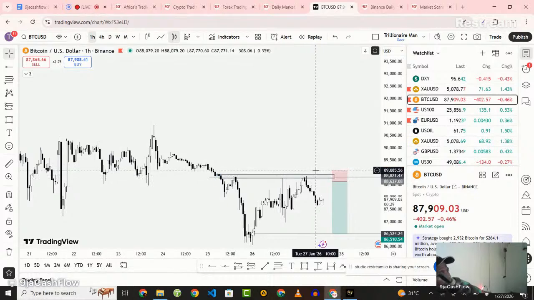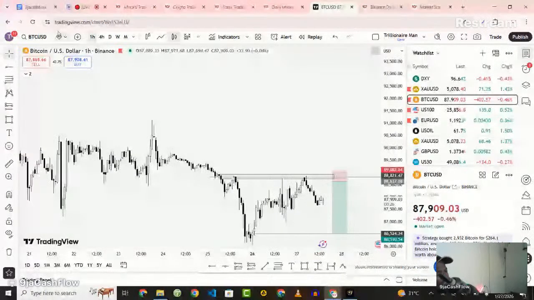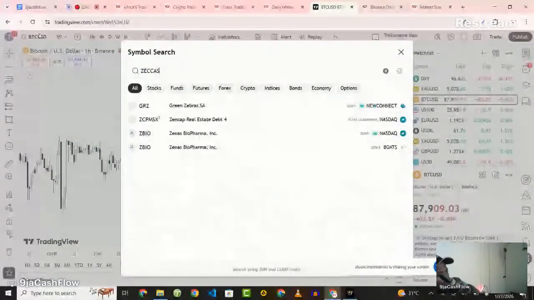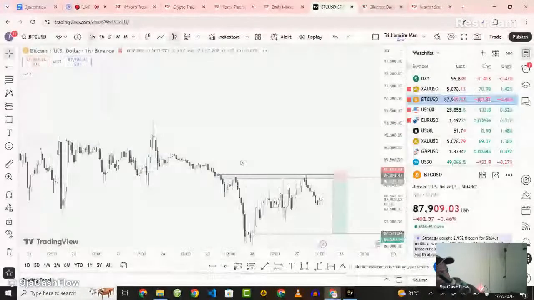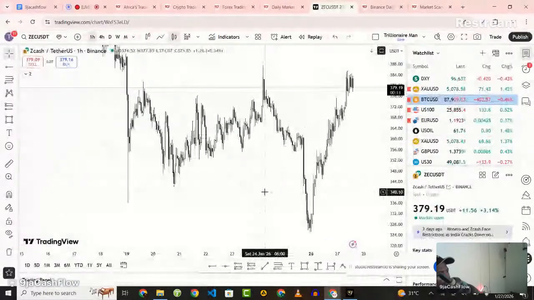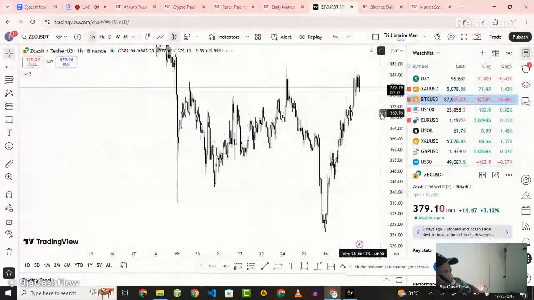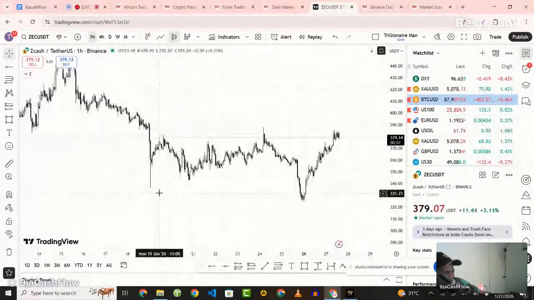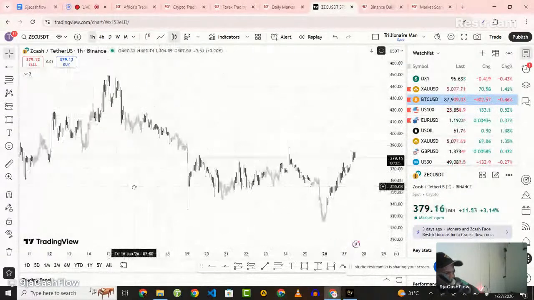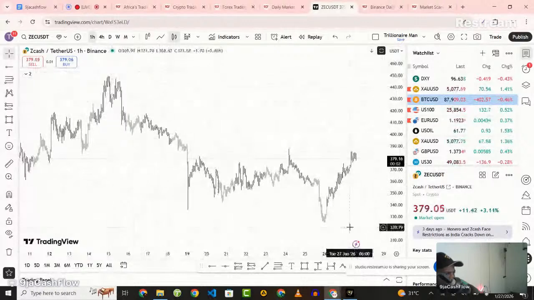Waiting. Let's just check other markets. Zcash. Okay, this Zcash is looking interesting actually. We understand that we are on a downward trend, right?